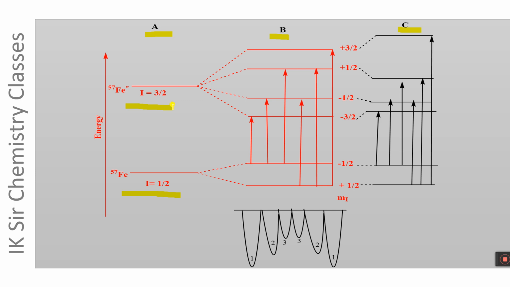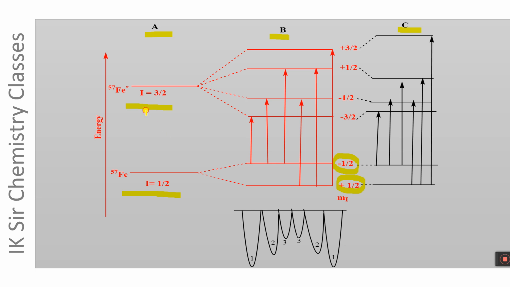On applying magnetic field, the ground state with I 1 by 2 splits up into two sub-energy levels, Mi equals plus half and Mi equals minus half.